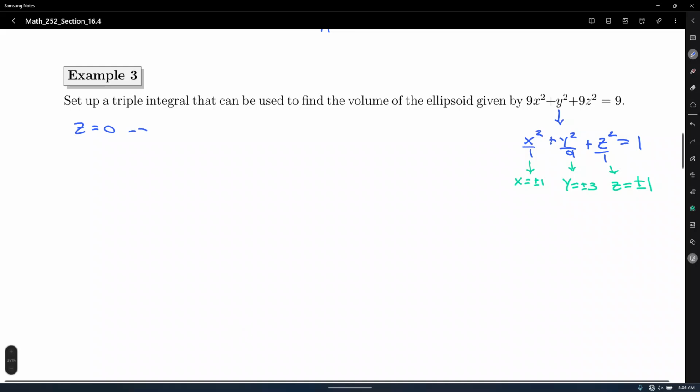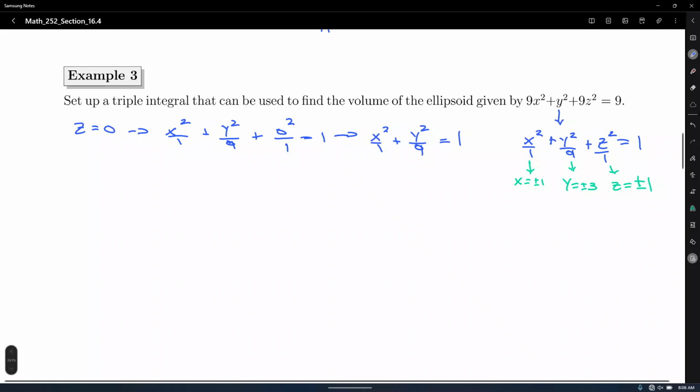So that's going to leave us with 9x squared plus y squared. Let me use the other form instead: x squared over 1 plus y squared over 9 plus 0 squared over 1 equals 1, which leads to x squared over 1 plus y squared over 9 equals 1. That'll be an ellipse, right? That will be the ellipse projected onto the XY plane with x-intercepts plus and minus 1, and y-intercepts plus and minus 3.